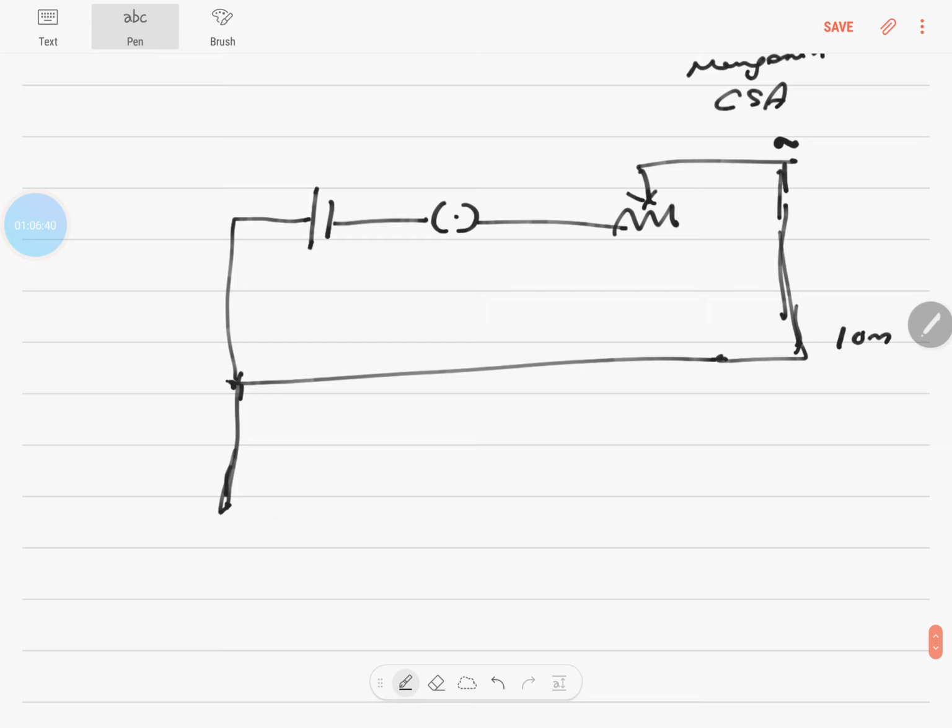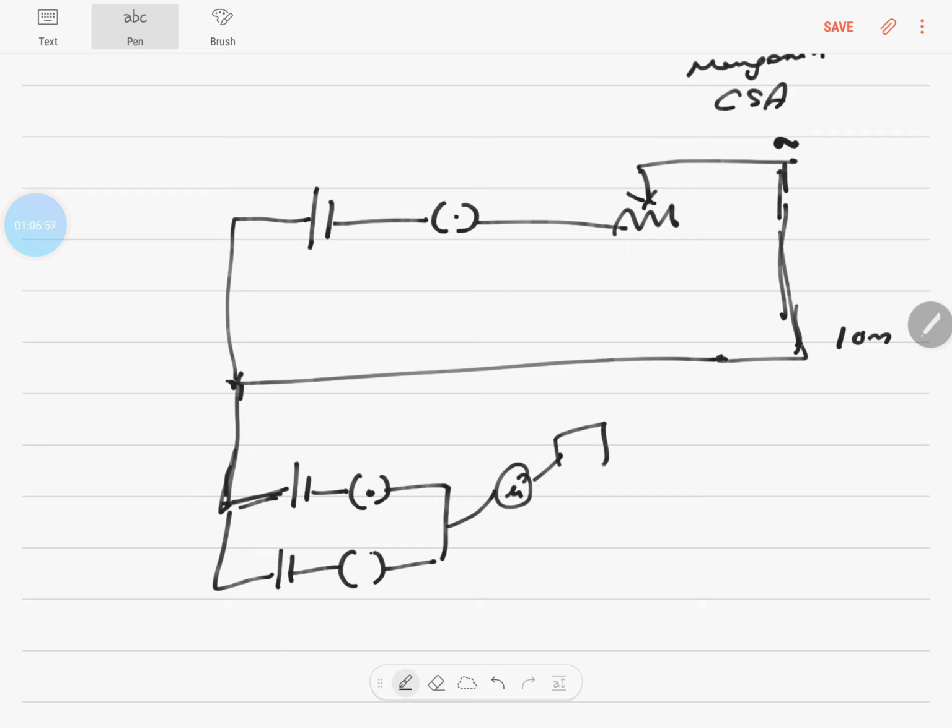So you have a battery, key, rheostat, and you can have a battery here, and another battery here, a key here, another key here. If one is closed, the other has to be open. You can have a galvanometer, a high resistance box, and a jockey.